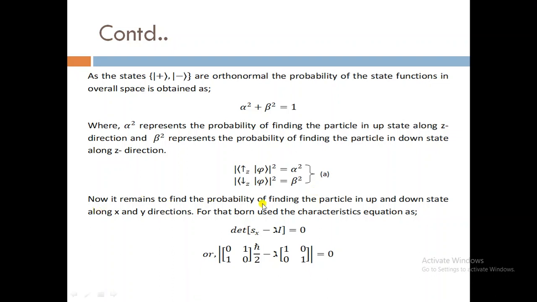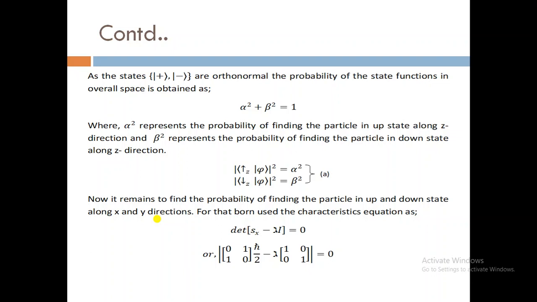So now it remains to find the probability of finding the particle in up and down state along x and y direction. Now we can directly find the probability of finding the particle in up and down state along z direction by using the sixth postulate of quantum mechanics.